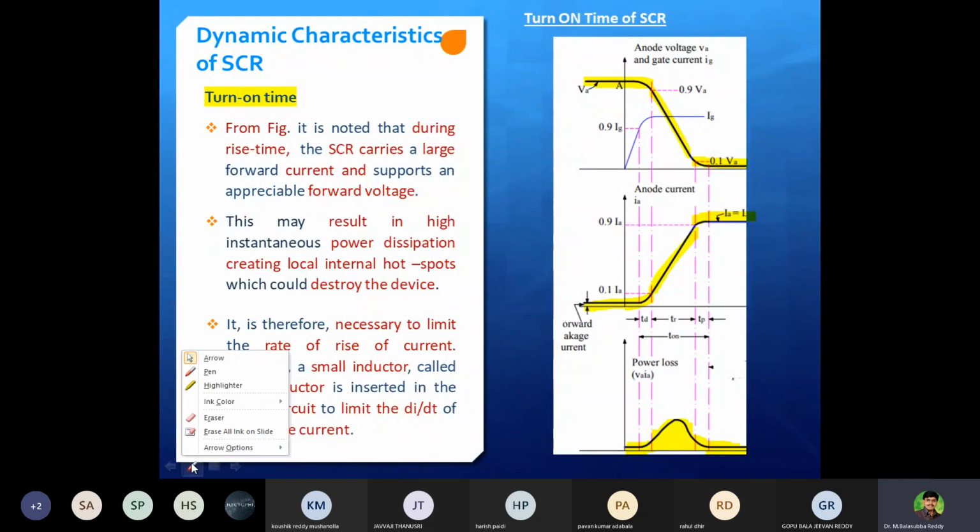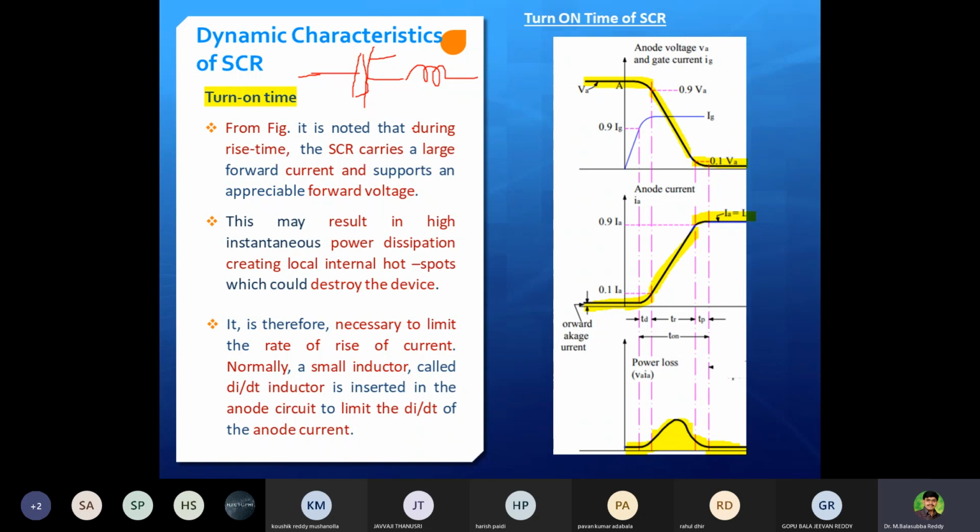So whatever device we are using, you can see like this, and here we are inserting an inductor. So if we place a di/dt inductor, we can limit the rate of change of current.